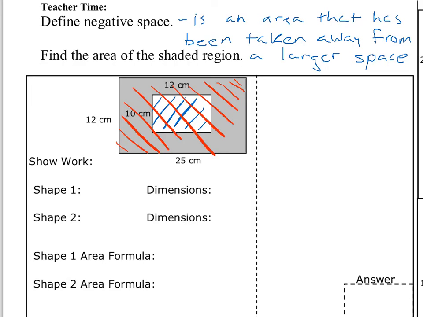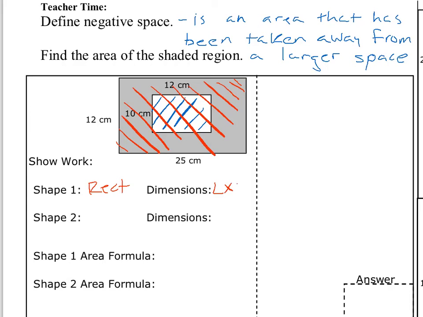I had a giant tray of brownies, and then Ricardo came along and scooped out a big giant brownie out of the middle of my pan. I'm not happy about it. I want to know how much is left. So the way I figure that out is I say, okay, well, I started with this giant, large, red rectangle.